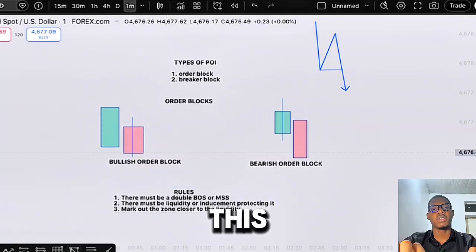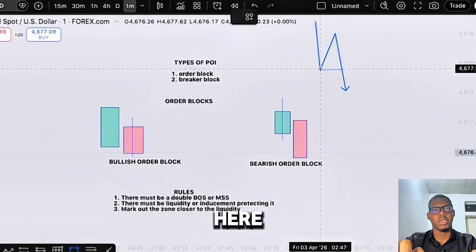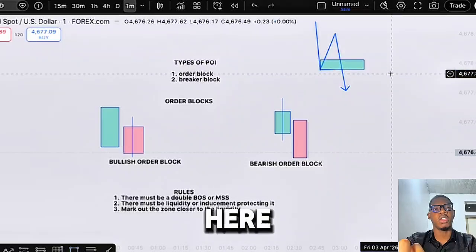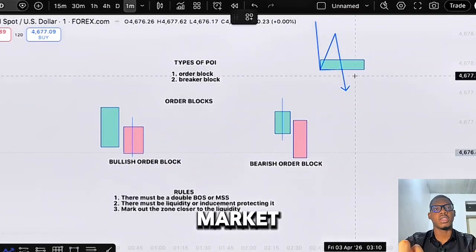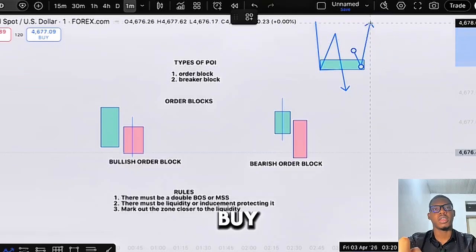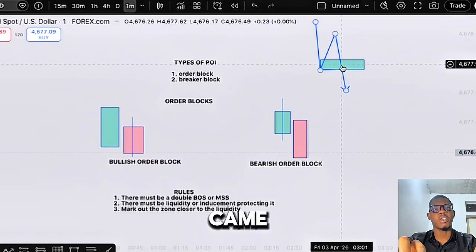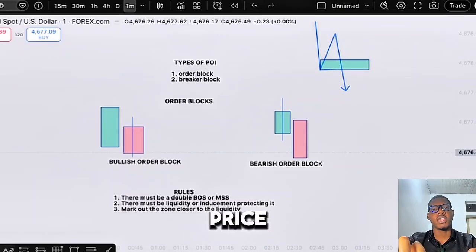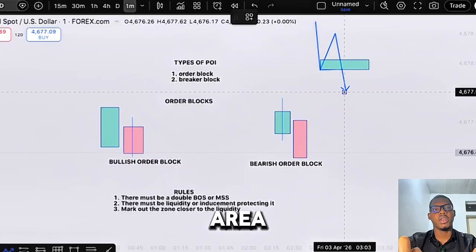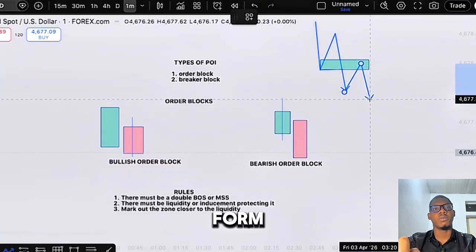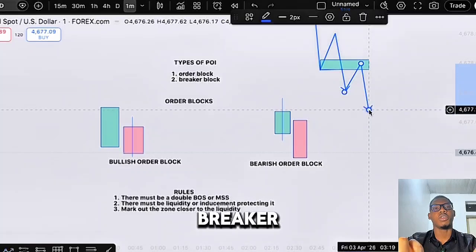We have this area where buyers are meant to come into this level and push the market up to buy. But what did the price do? The price came here and violated this supply zone. Price came back into that area and turned it into a breaker block and formed another break of structure.